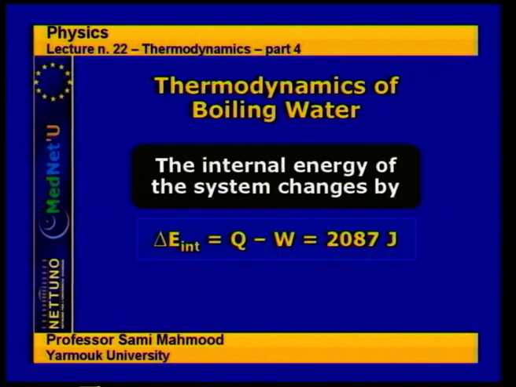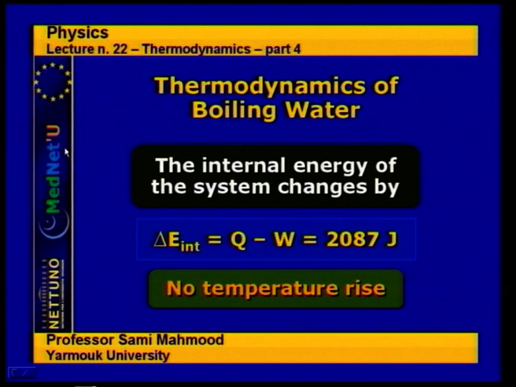The internal energy of the system thus changes by an amount that can be found from the first law of thermodynamics, which tells us that the internal energy change is simply Q minus W, which turns out to be 2,087 joules.